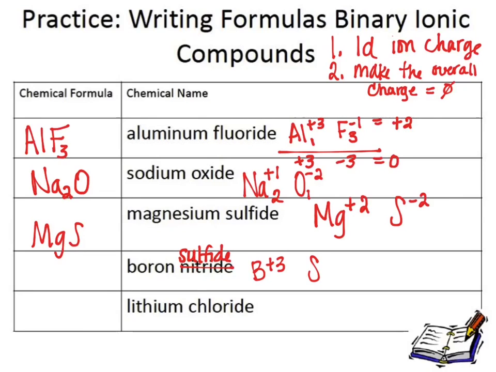What is the charge on sulfur? -2. What is the common factor? What's the next multiplier to get those to the same number? So it's 6. So this needs to be +6 and this needs to be -6. So we need to multiply B by 2 and we need to multiply S by 3. So my formula is?